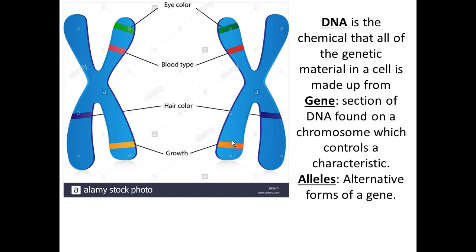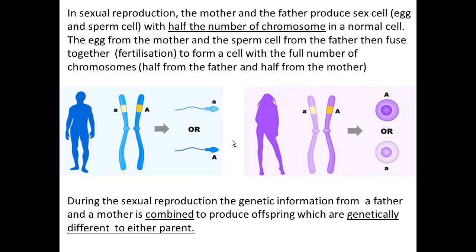So we said that inherited variation is due to the characteristics that you inherit from both your parents, and this variation is passed down through genes. But when is this happening? During sexual reproduction, which is the way human beings reproduce.